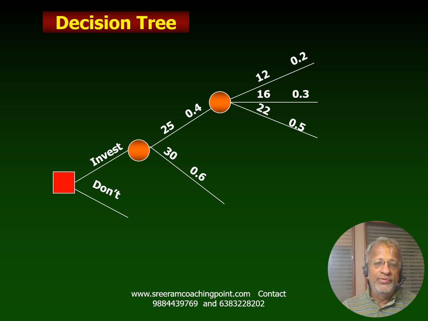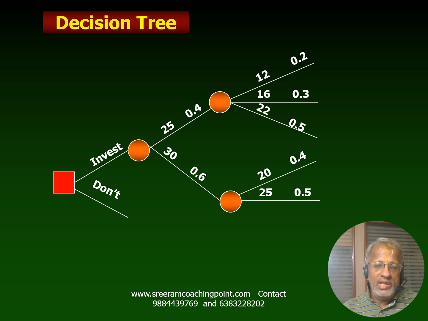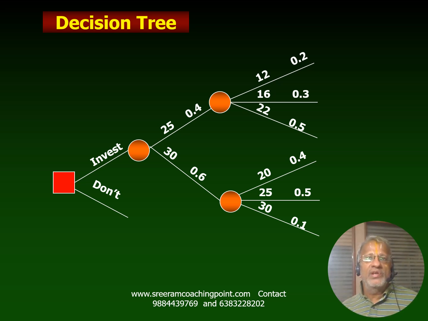Then for year number 1, 30,000, and year number 2, 20,000, 25,000 and 30,000, with the probabilities given, right? This is what we can call a decision tree, the pictorial form of presentation.